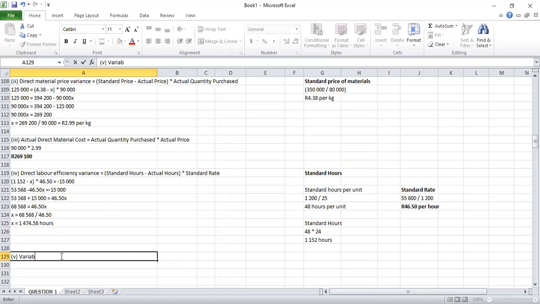Variable manufacturing overhead expenditure variance is equal to budgeted expenditure minus actual expenditure.